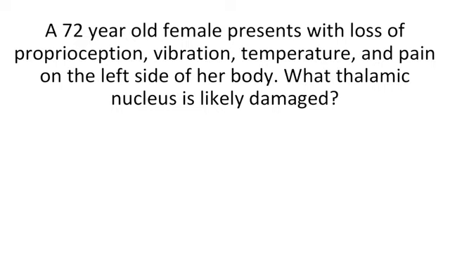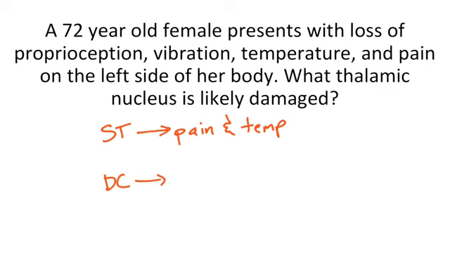Okay, so in order to get this question right, you need to be familiar with the tracts that convey proprioception, vibration, temperature, and pain. Recall from section 2 that the spinothalamic tract, ST for short, conveys information about pain and temperature, and that the dorsal column, DC for short, conveys information about proprioception and vibration.